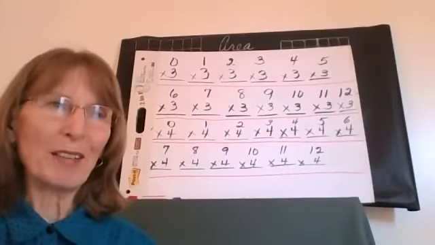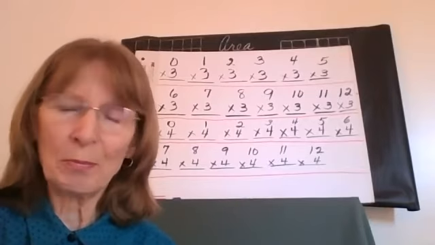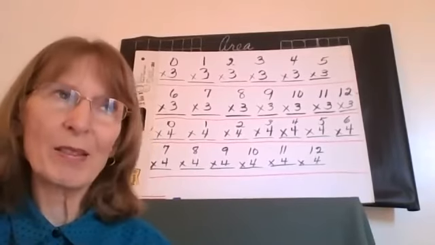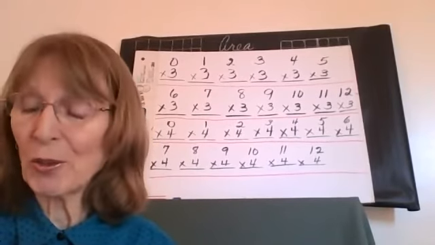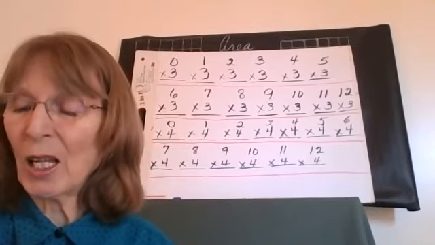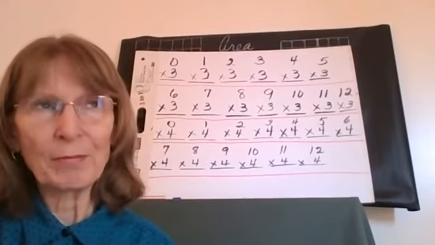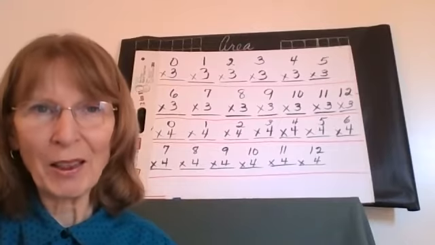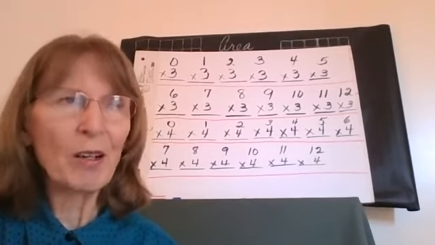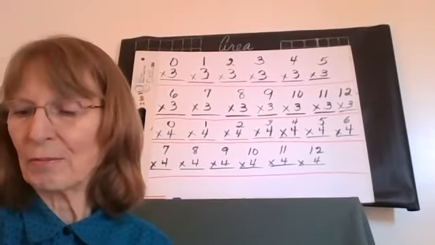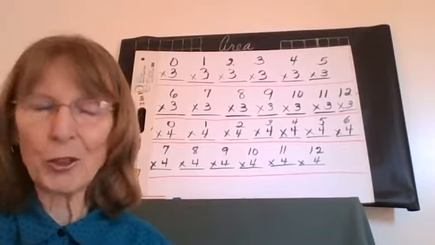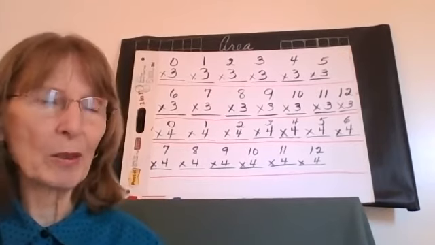Okay, B. We're going to have some spaces in this one too, so you have to think. 11,040. What do you put when I say thousand?